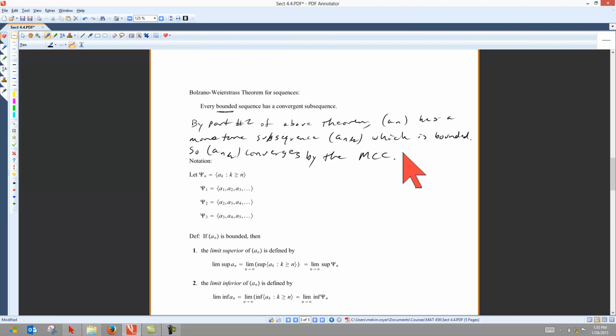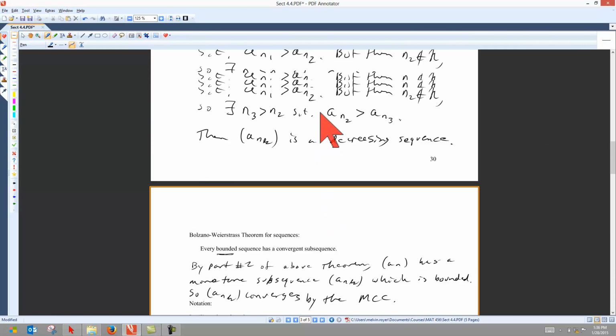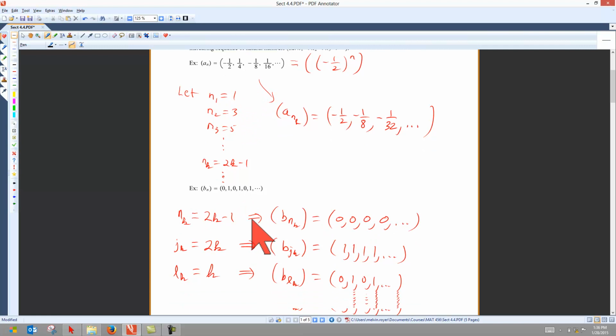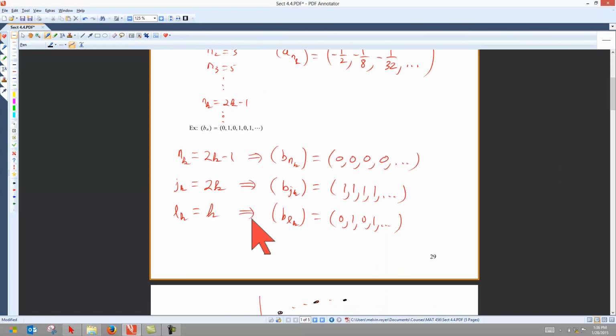Okay, so before we go on to another topic, just think a little bit about what that says. Certainly not every sequence converges, but if you're a bounded sequence, then at least you have somebody inside you that converges. So for examples up here, the 0101 sequence didn't converge, but it is a bounded sequence, and so the Bolzano-Weierstrass theorem assures us that at least one of these subsequences exists.